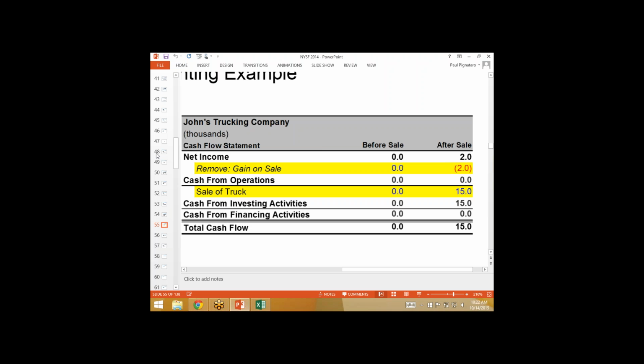Why is a gain or loss on sale going into my PP&E line? And this is exactly why. Because you're actually adjusting for the value of the sale that's been above and beyond the actual value of the asset. So it's the sum of the sale and the removal of the gain that flows into our PP&E. That's how you make that adjustment.